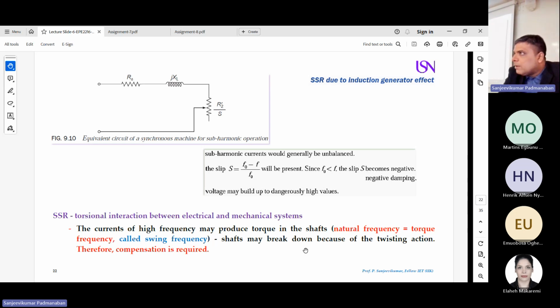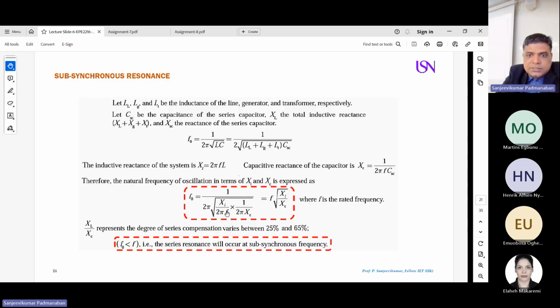So it can have a breakage because of this unavoidable situation of twisting. So in order to avoid this, we have to keep control on your SSR, which is subsynchronous resonance. It's clear to you? How to calculate subsynchronous resonance? It's this formula, and these two parameters are very important.